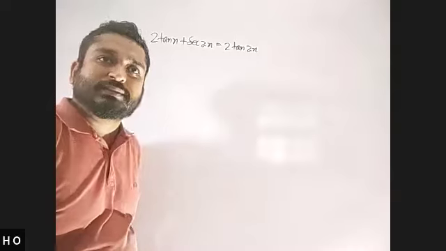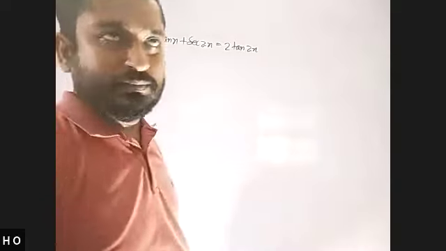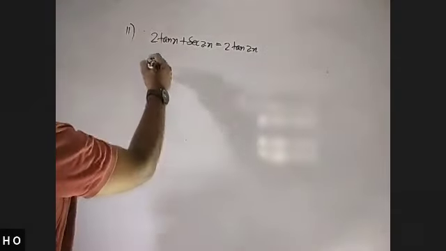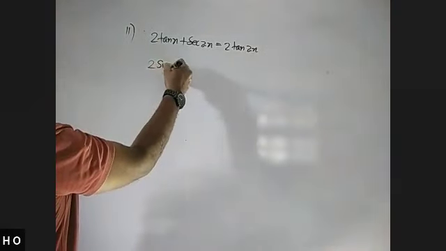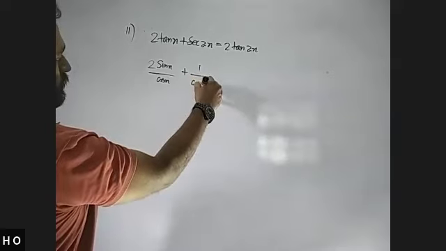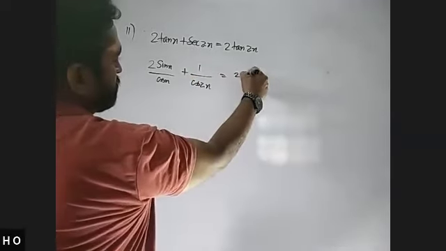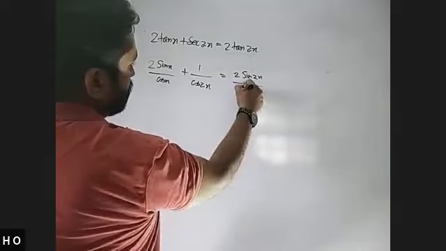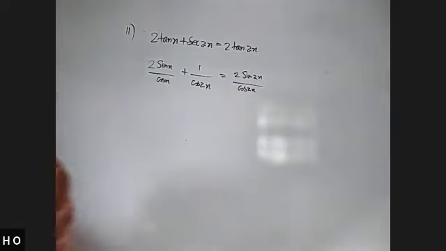Yeah, the tan is complicated here. So let us put sin and cos. 2 sin x over cos x plus 1 over cos 2x equals 2 sin 2x over cos 2x.